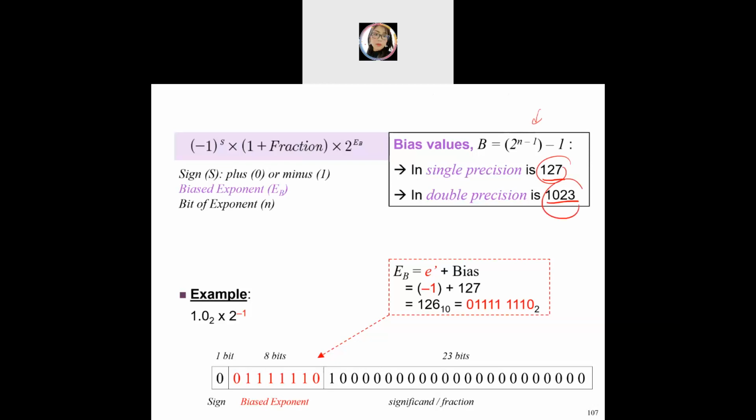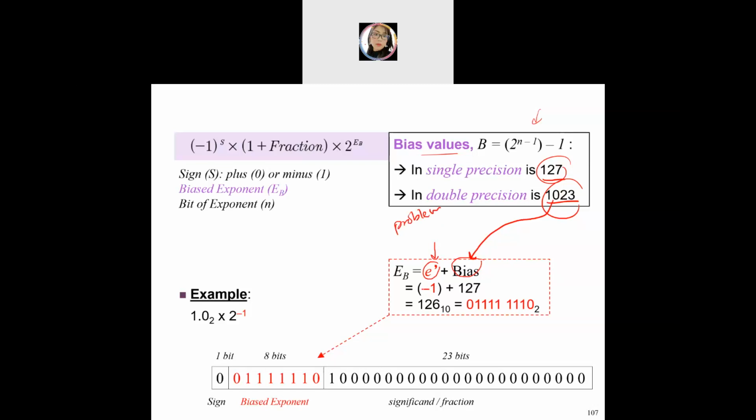Over here, when we have the value of bias B, which is this value, we can apply it directly after we have the E prime value. Normally, E prime is our problem when we are dealing with negative numbers.